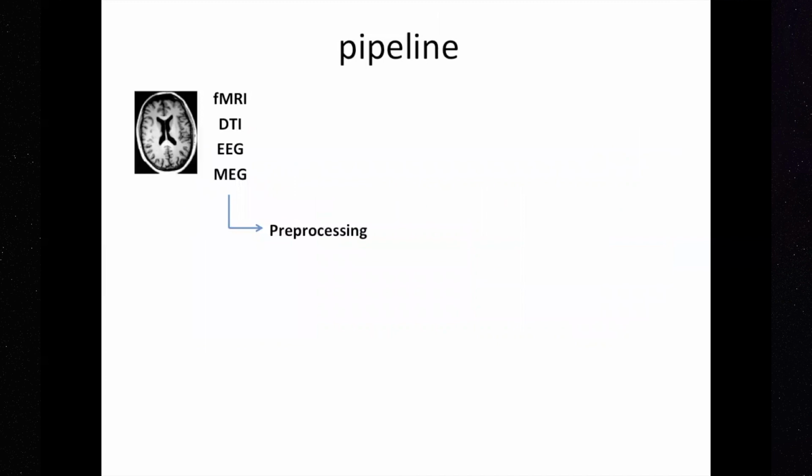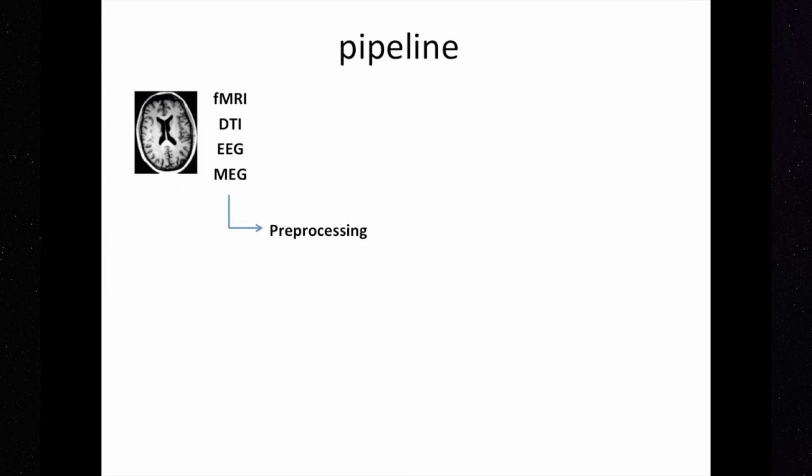And I now want to establish a little pipeline to show you what we have to do to arrive at those brain networks. In the beginning, we obviously start with some data. It could be, as I just said, fMRI data, DTI data, or EEG or MEG data, and specific to the modality that you're using, you want to do some appropriate pre-processing.